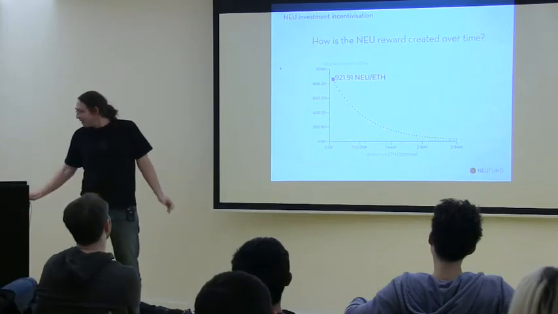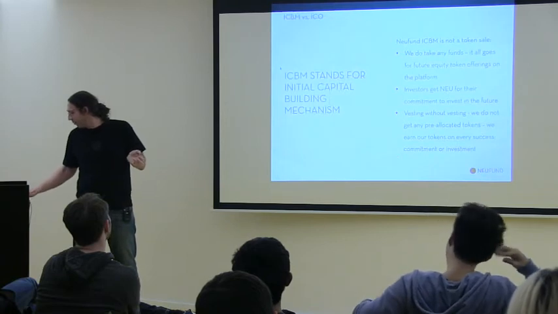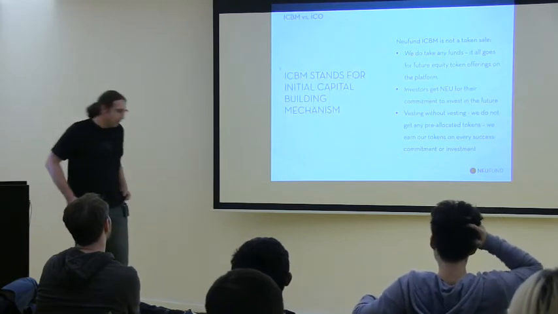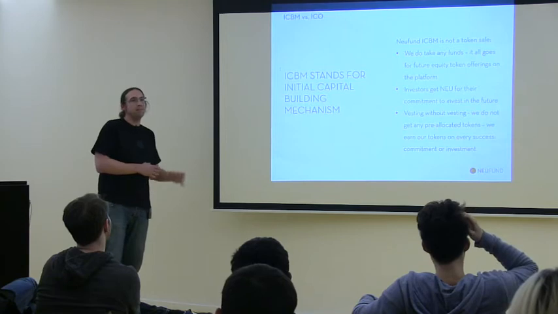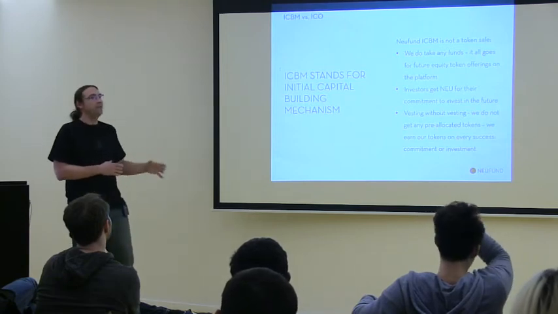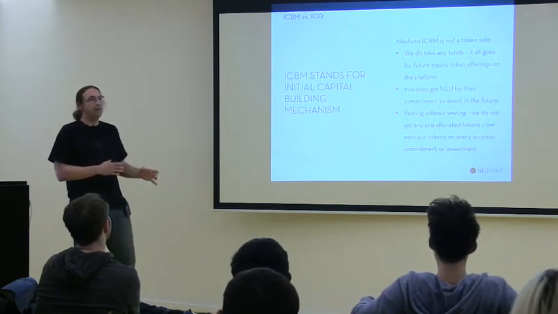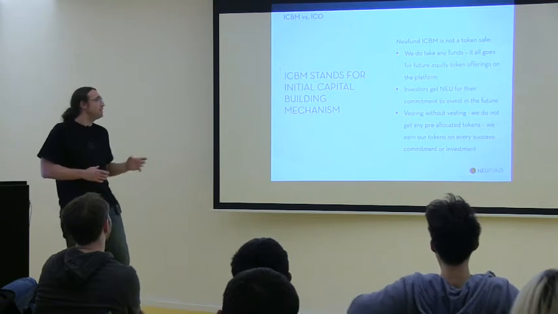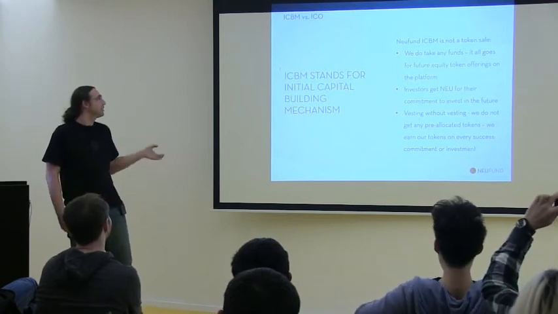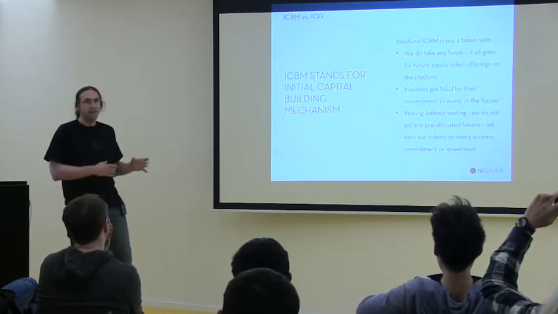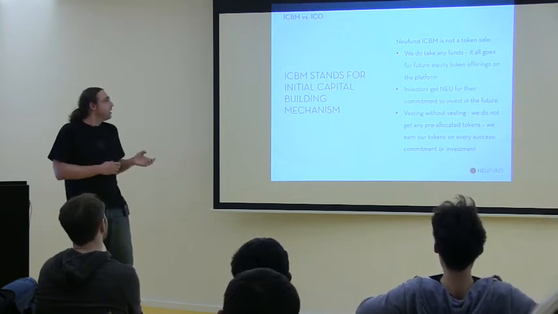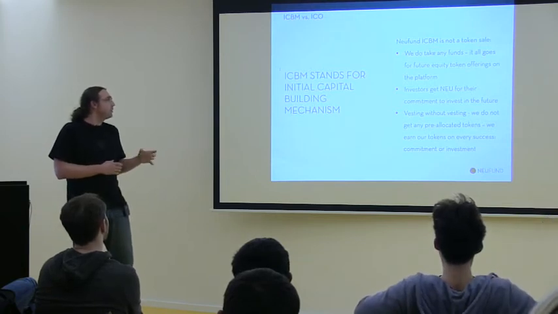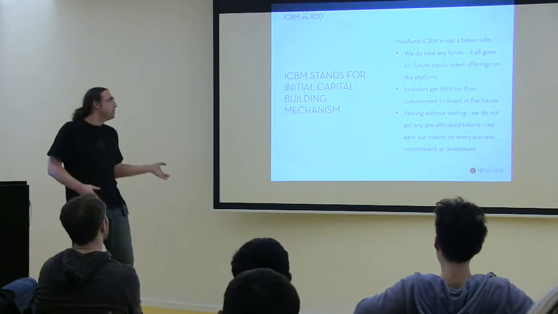All right. There is another very interesting consequence of this: by system design, we couldn't do a real ICO of our platform. We did something different. It's called ICBM, which stands for Initial Capital Building Mechanism, which you could also call Initial Community Building Mechanism.